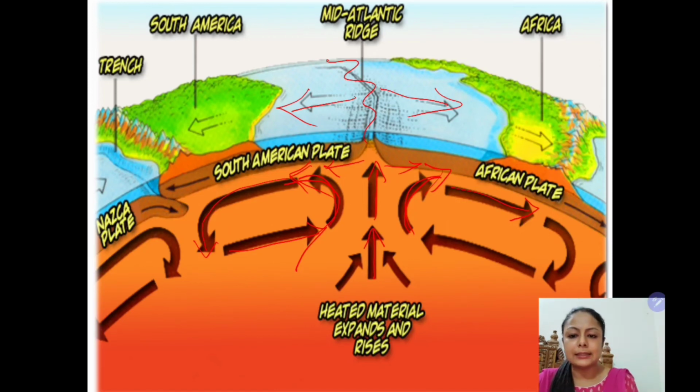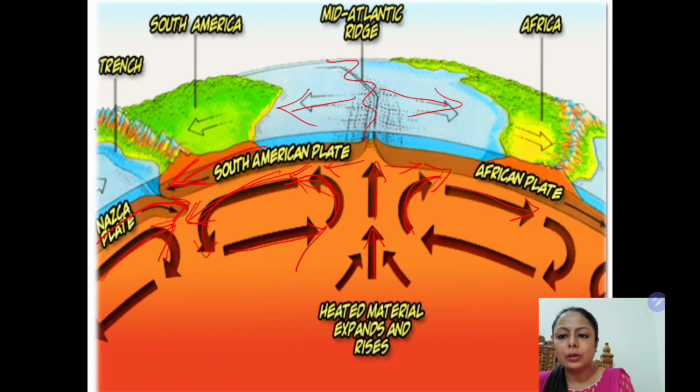But there are places where two currents are merging. You can see merging. So when the currents are merging, one continental portion will override the other one. One lithospheric plate will override, and a part of the other will get melted and be lost in the mantle.